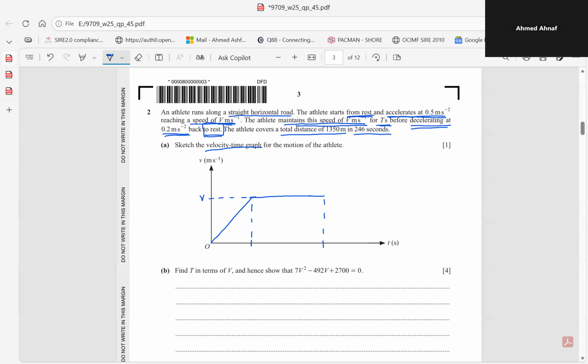Since here the deceleration is less, that means the gradient of the v-t graph at that point is also going to be less, so we have to make it a bit less steep. The most I can do is, no, that's a bit too much. Let me erase a little bit.